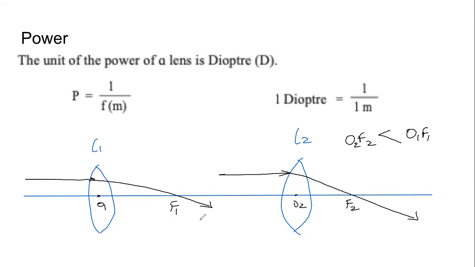So the focal length F2 is less than F1. Power is more means focal length is less.